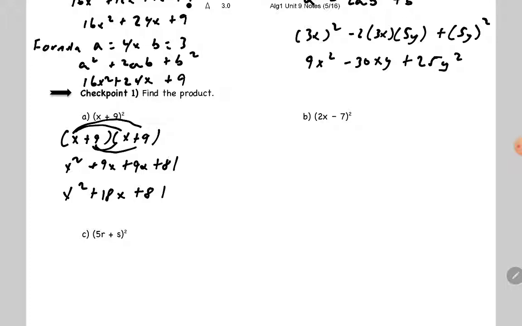Part B. a is 2x, b is -7. My formula goes like this: a squared plus 2ab plus b squared.